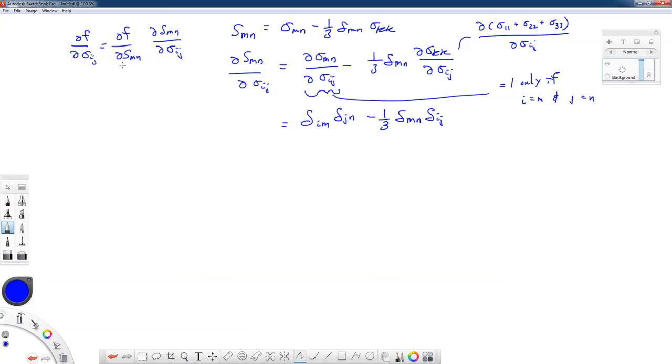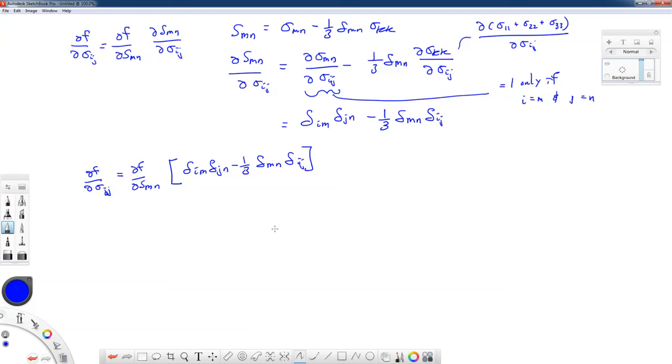Alright, so let's go ahead and write the expression. Partial of f with respect to sigma ij is partial of f with respect to Smn times this expression, Kronecker delta Im, Kronecker delta Jn minus 1/3 Kronecker delta Mn, Kronecker delta Ij.